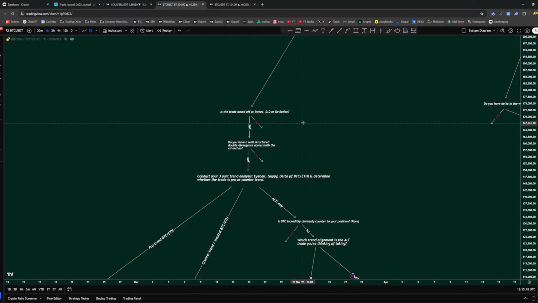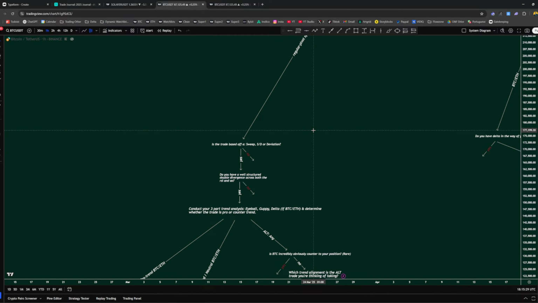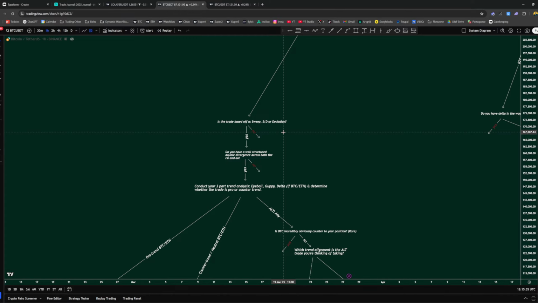The reason being is because I've decided I want to experiment with tightening things up and only taking reversal trades or pivot trades when there are divergences present, okay? And then to tighten things up further, the divergence is the assumption here, it's baked into the text, but to take things further, we have to have a double divergence across both the RSI and the AO, okay?